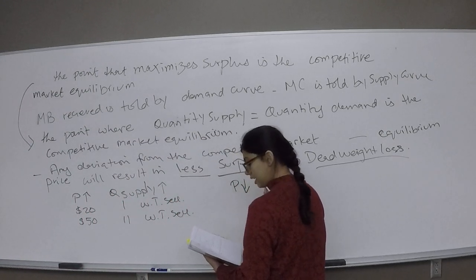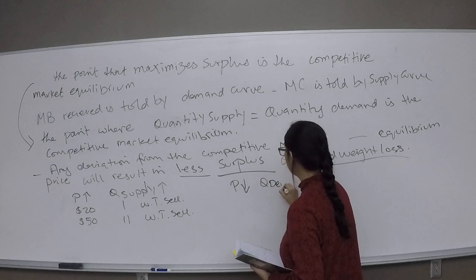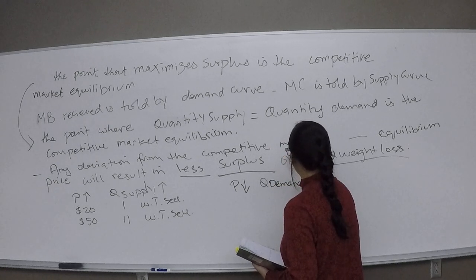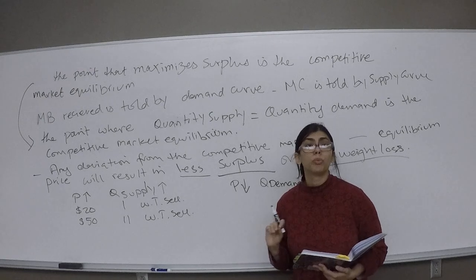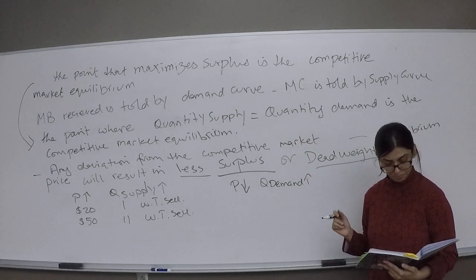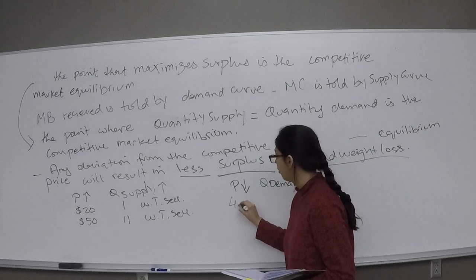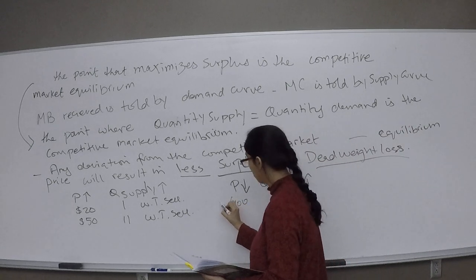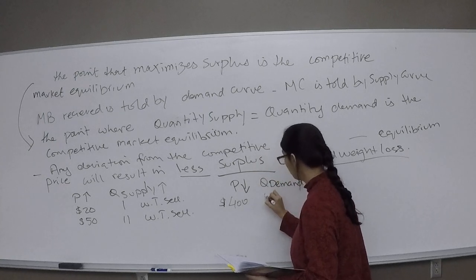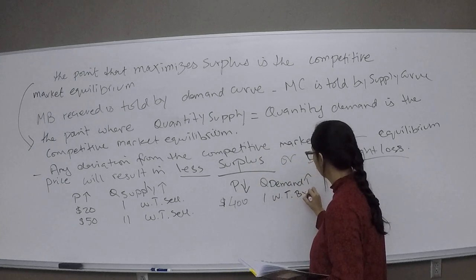When price goes down, we know that quantity demanded increases, right? When price goes down, more people want to buy because it's cheaper. So before, for $400, one person was willing to buy.